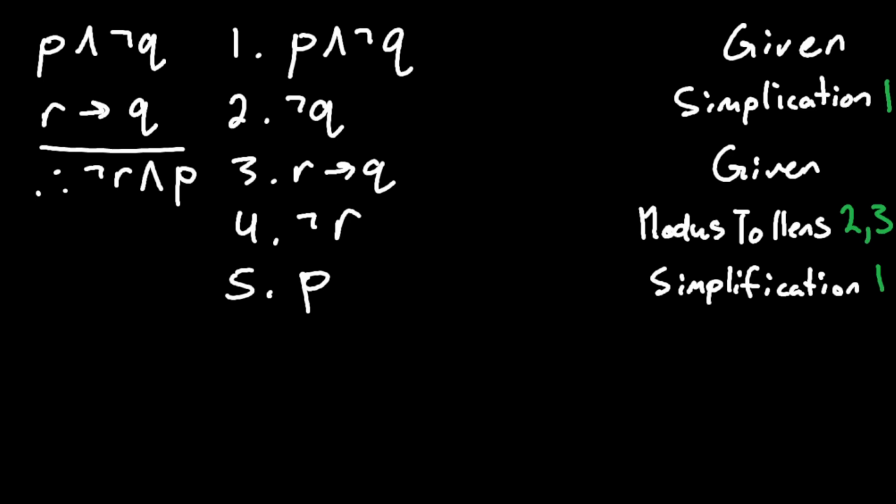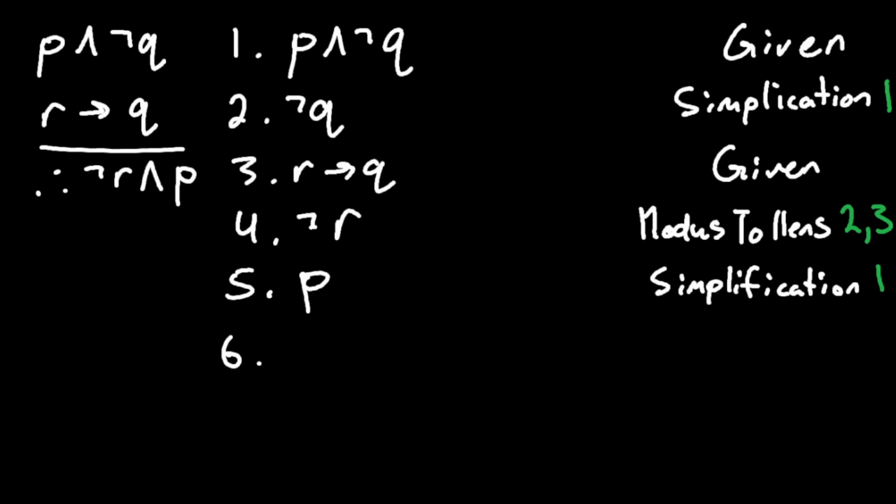Remember, when you apply the rules of inference, things aren't destroyed. Okay, this P and not Q isn't destroyed once we apply simplification on it. We can use simplification on line 1 again to get the P. So remember, when you use the rules of inference, unlike the laws of propositional logic, previous things can still be used. They aren't removed.